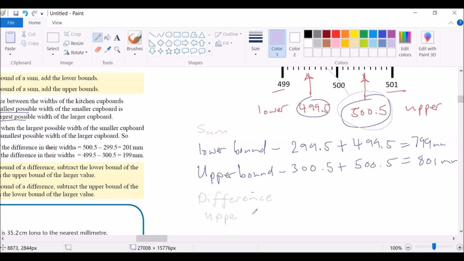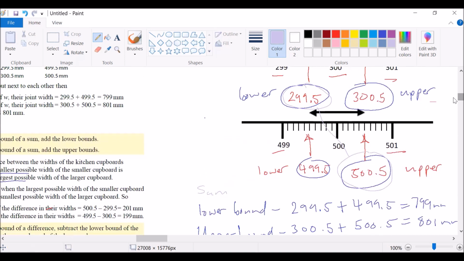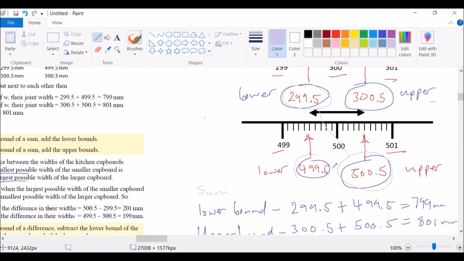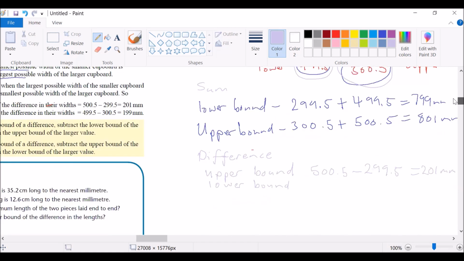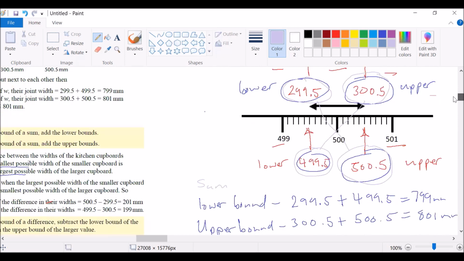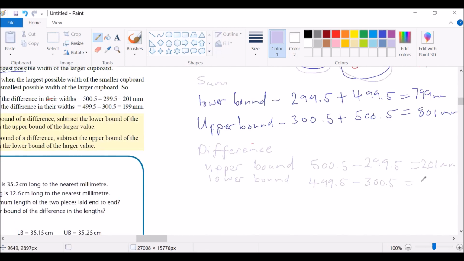So our upper bound difference will be 500.5 minus 299.5, which will give us 201 millimeters. For the lower bound of the difference, we will say lower bound of the largest minus upper bound of the smallest, which will be 499.5 minus 300.5, which will give us 199 millimeters.